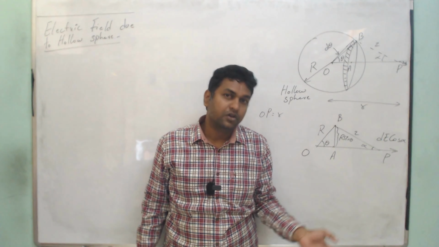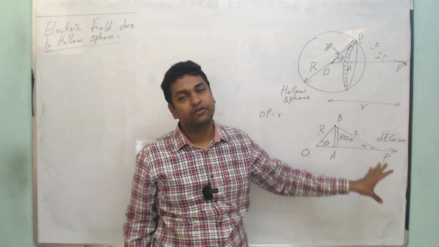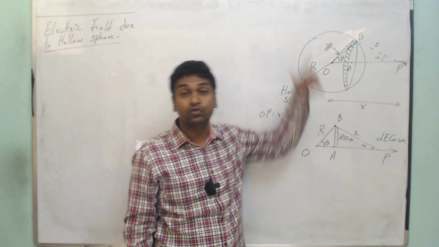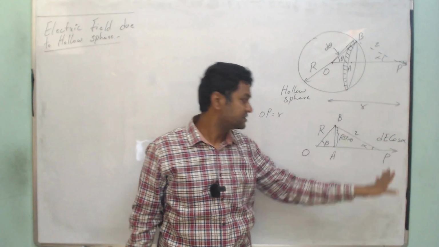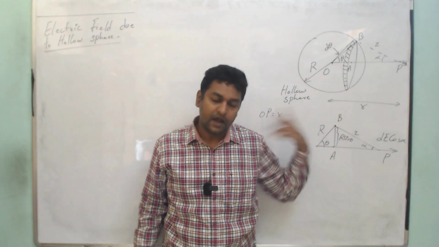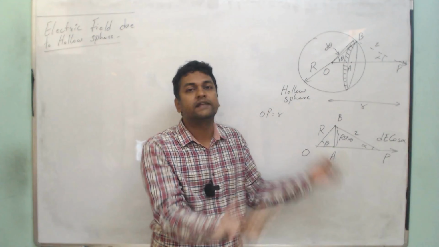So my starting point, where I need to have a bit of understanding, is that I can write the electric field due to the loop in the horizontal direction as dE cos alpha, understanding the fact that the sine alpha components due to the loop are going to cancel each other.